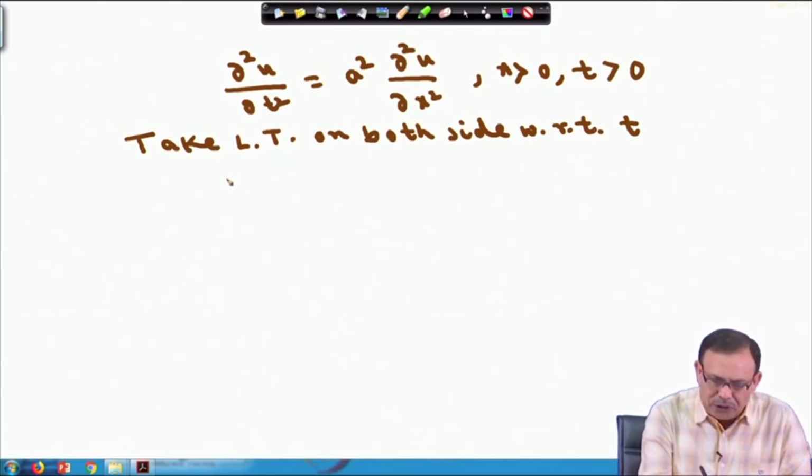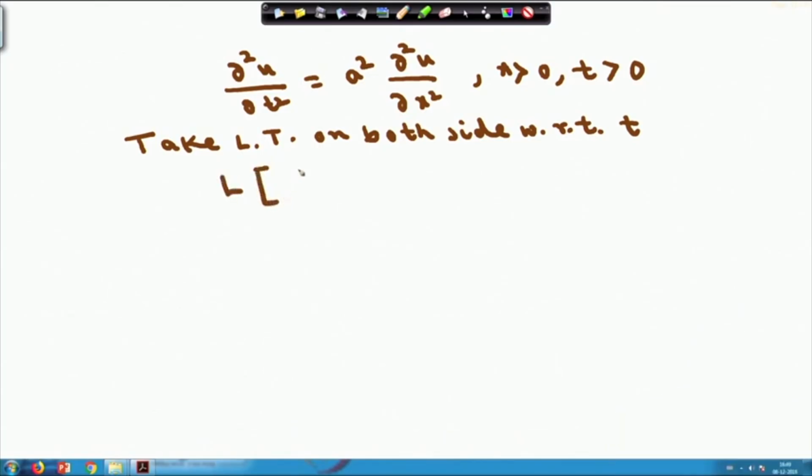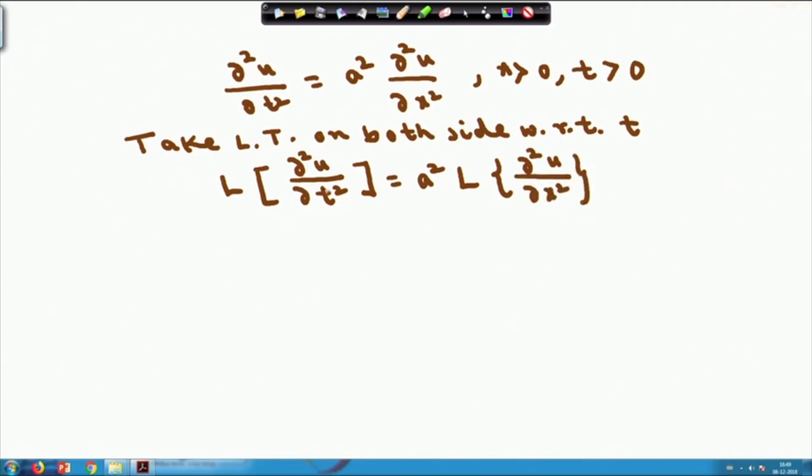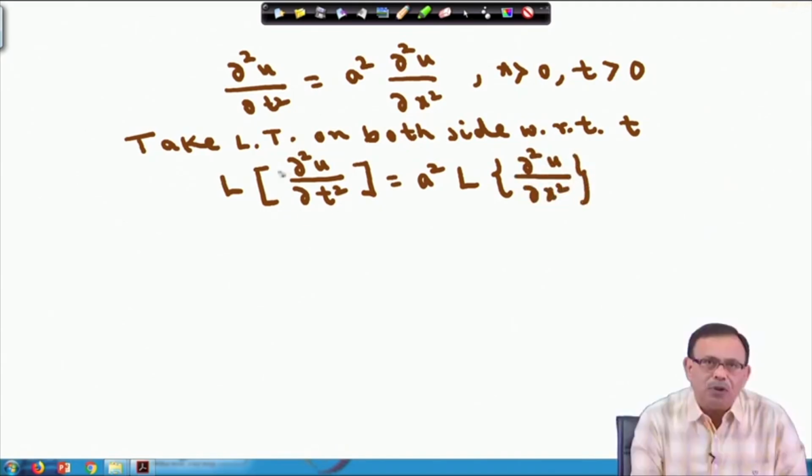Once we take the Laplace transform, the Laplace transform of ∂²u/∂t² equals s² into the Laplace transform of ∂²u/∂x². Here please note that I am taking the Laplace transform with respect to t.